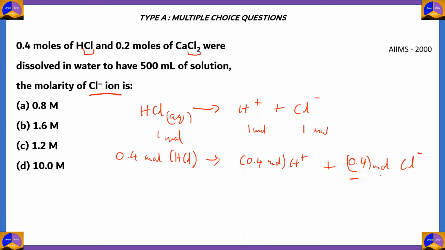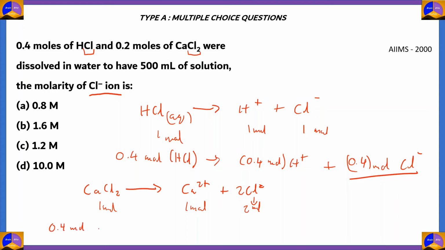We'll mark this. Now, the next compound, CaCl2, on dissociation will give you Ca2+ and 2Cl-. This is a bivalent cation and the anion is monovalent, so there'll be 2 Cl. If there's 1 mole of CaCl2, it gives 1 mole of Ca2+ but 2 moles of Cl-, according to the formula.